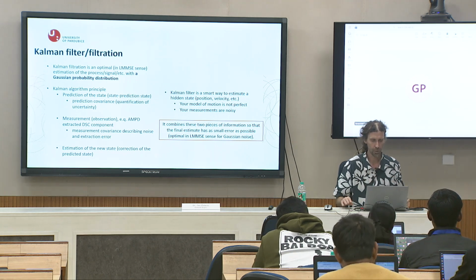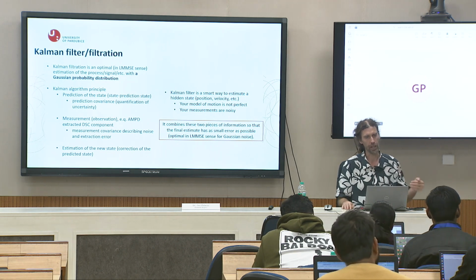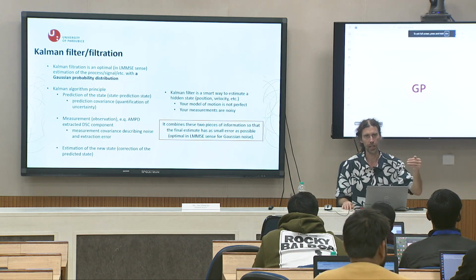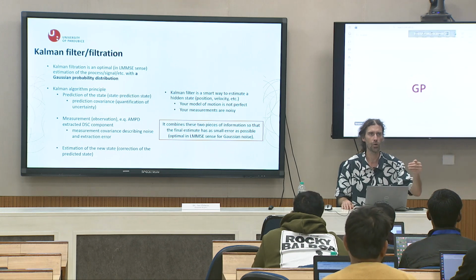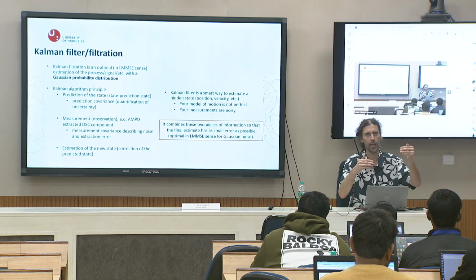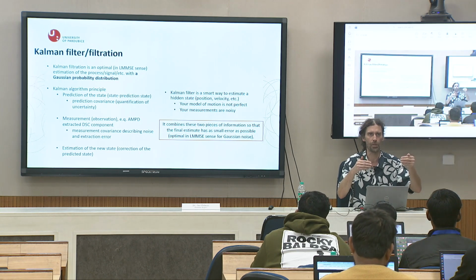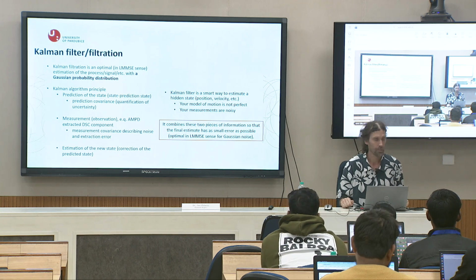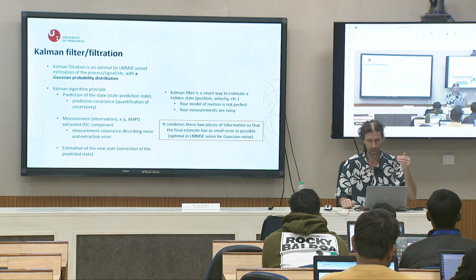So I have two things. First, I do the prediction step, and I have a covariance matrix that tells me how sure I am that this prediction is accurate. In the next step, I get the result of the measurement, and this measurement is also not 100% accurate, but I have a measurement error.